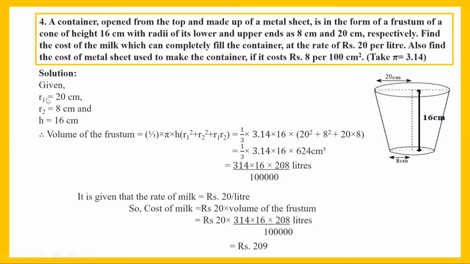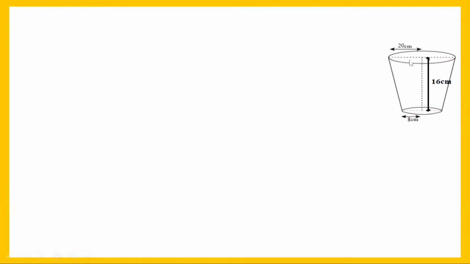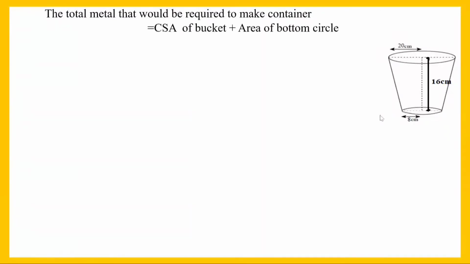I also need to find out the cost of the metal sheet used to make the container. So let us try to find out that. Now this was the bucket, R1 equal to 20, R2 equal to 8, and H equal to 16. Now to find out the surface area, the total metal sheet that will be required will be equal to the curved surface area of the bucket plus the area of the bottom circle, right? So the curved surface area of the bucket is pi into R1 plus R2 into L. That means we need to find out the slant height L first of all.